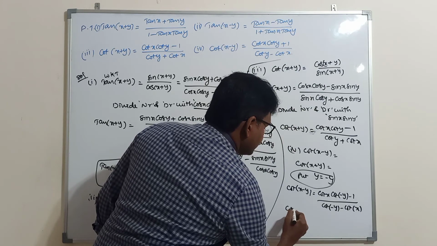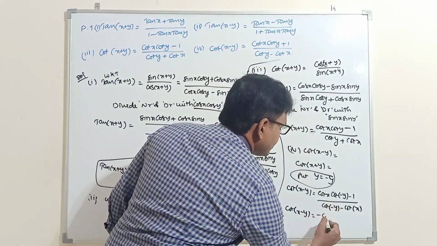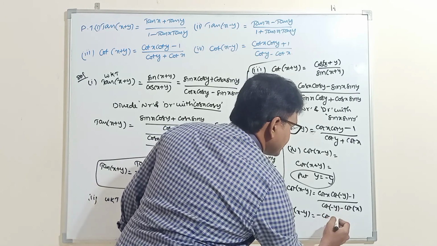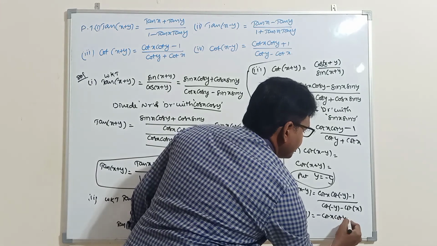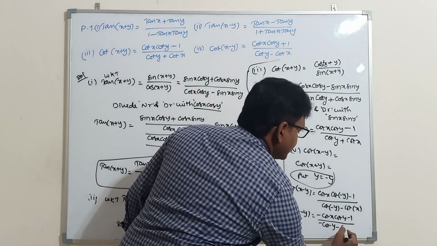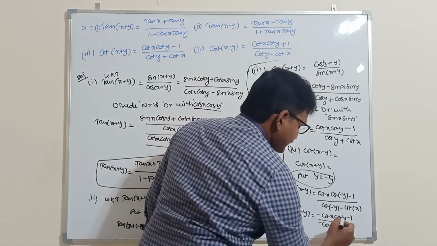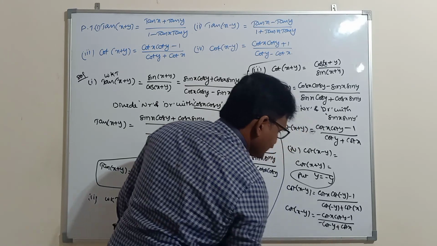So cot of minus y value is minus cot y. So minus of cot x into cot y minus 1 by cot of minus y is minus cot y minus cot x. Here you will get plus cot x.